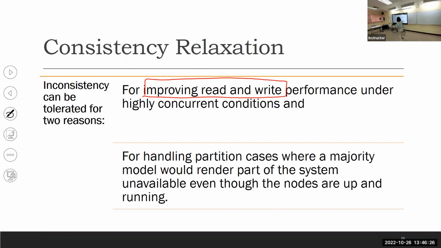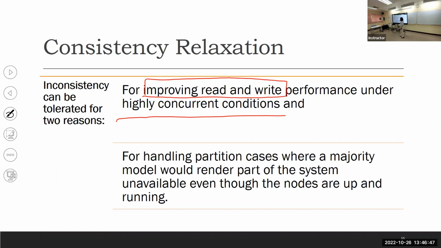So for highly concurrent conditions, with a massive number of users using the system at the same time, improving read and write would mean relaxing the consistency model a little bit.